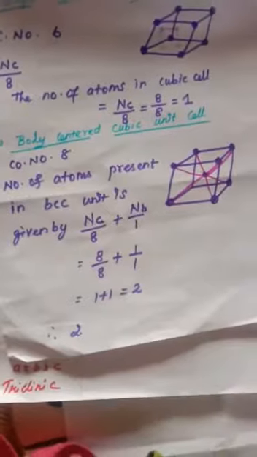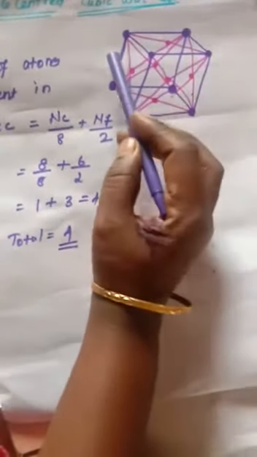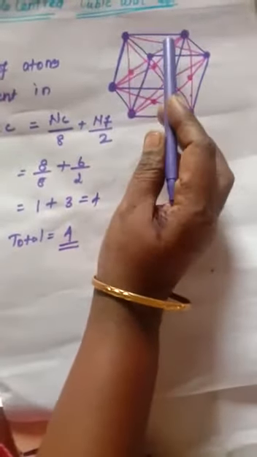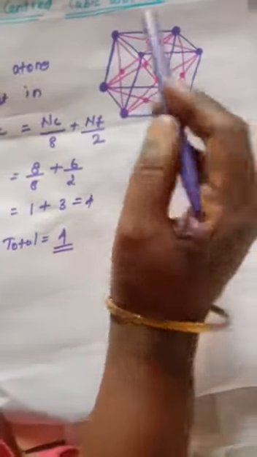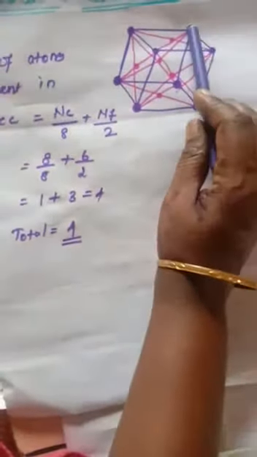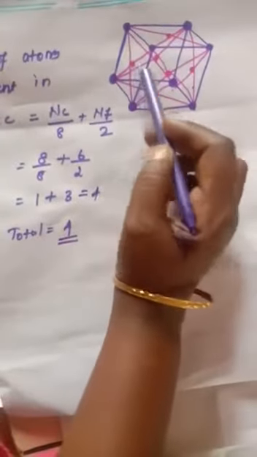Third one is the face centered cubic unit cell. Here, along with the corners of the unit cell, one atom is present at the center of the faces.